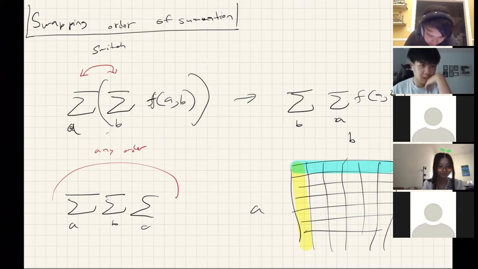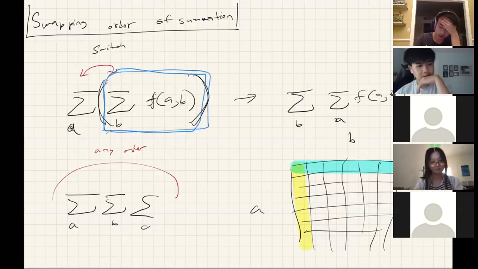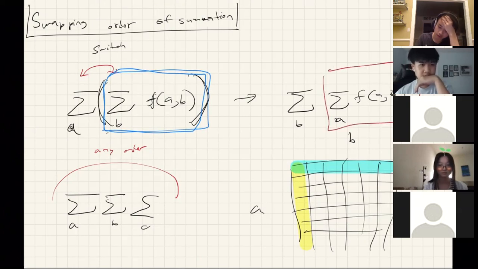So the idea is that instead of summing this quantity over all a that satisfy the condition, you can sum this quantity over all b that satisfy the condition. So you've swapped the places of a and b. You're essentially swapping the order that you sum this nested sum.